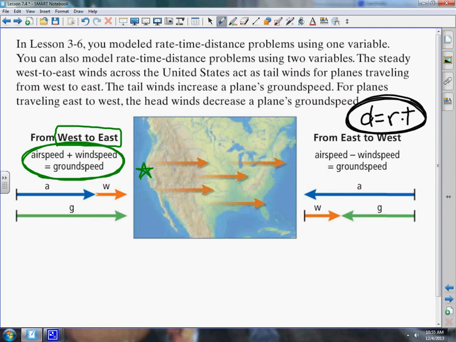If you're going from east to west, from New York this way, your airspeed minus your wind speed equals your ground speed. So it's like if you're going with the wind or against the wind. We all know it's easier to walk with the wind at our back than when it's in your face.